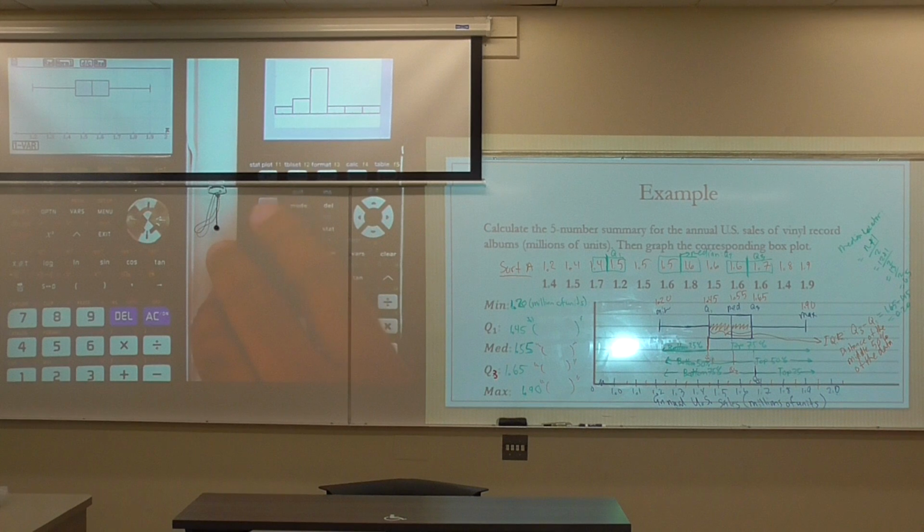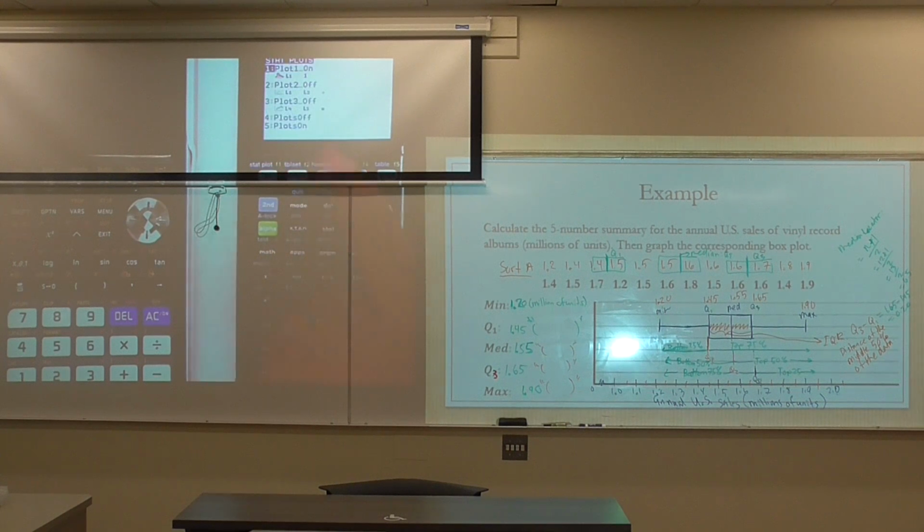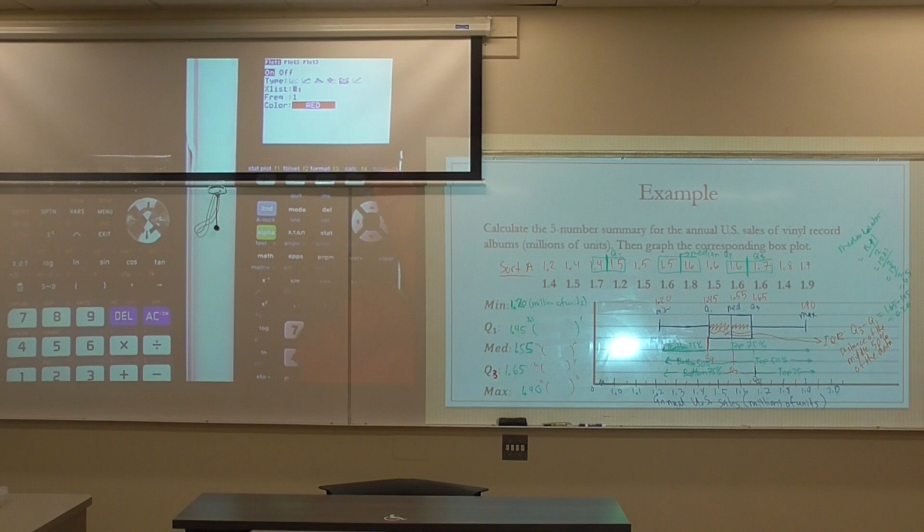Let me go back and see how it happened. I must have messed up, but second graph. Oh, there it is. I have a histogram. I thought I hit on it, but I did not. So I'm going over here, and I'm going to make sure I hit it, and it shows that it's selected. I didn't notice that. I thought I did it. Okay. So now I can graph, and there's my box plot.